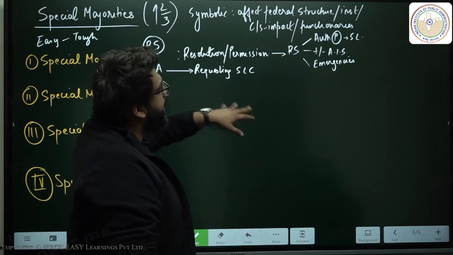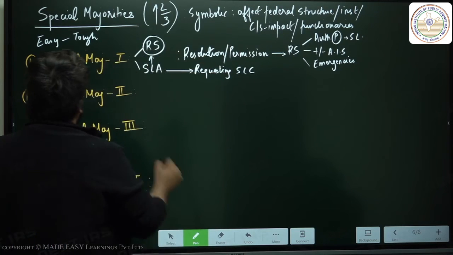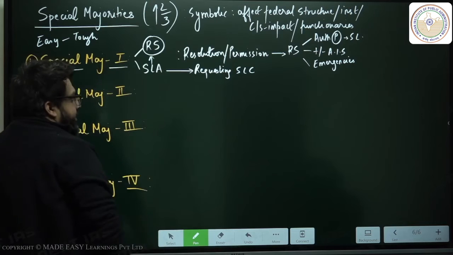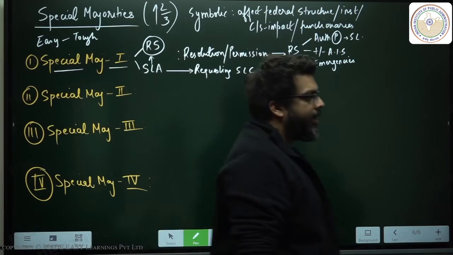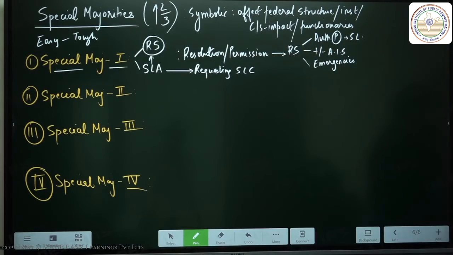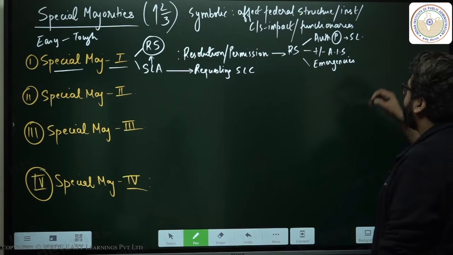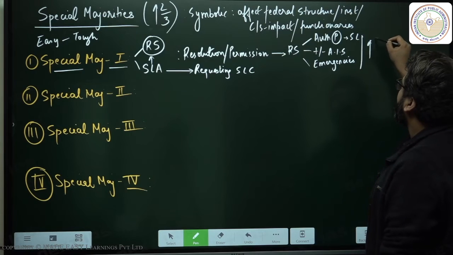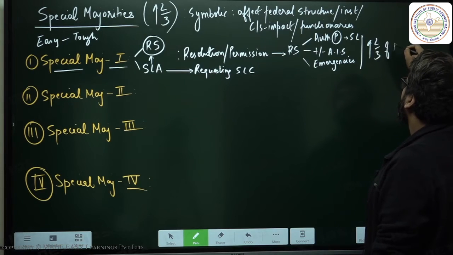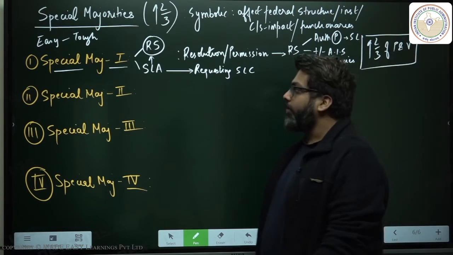So these are the 3-4 areas where special majority 1 is often used. And the basic maths is more than 2/3 of present and voting. बस और कुछ नहीं.